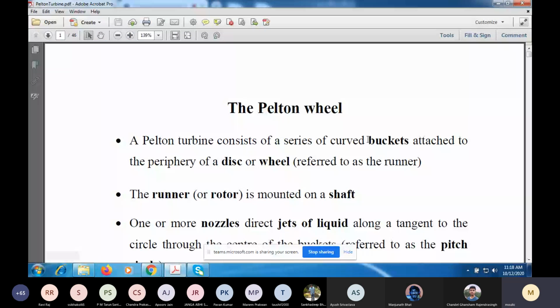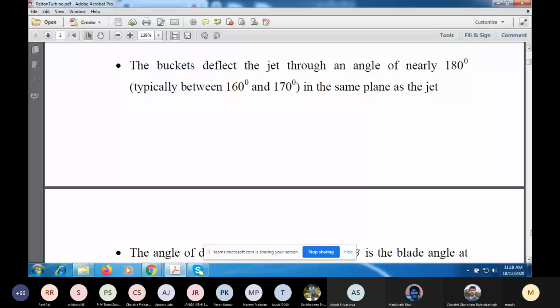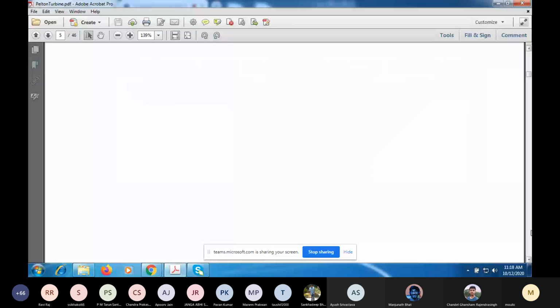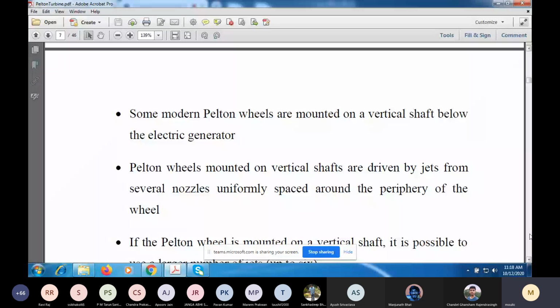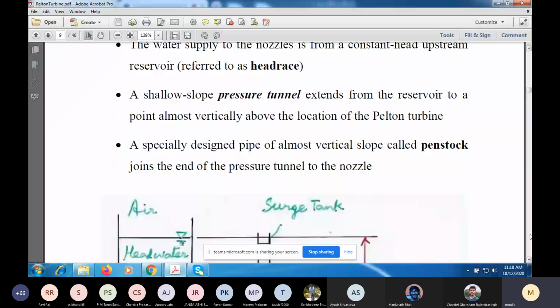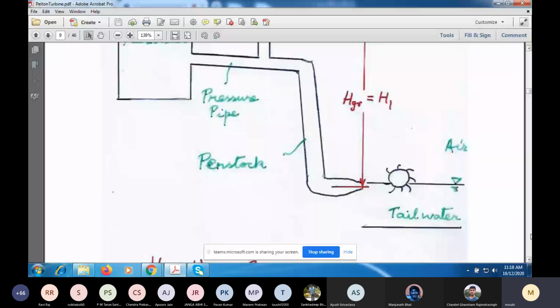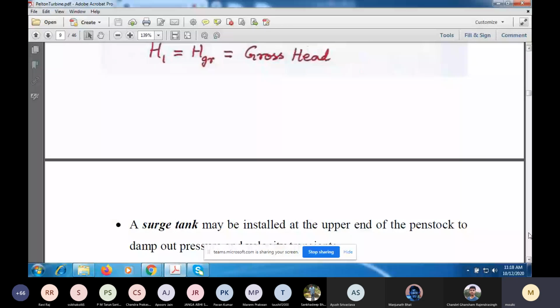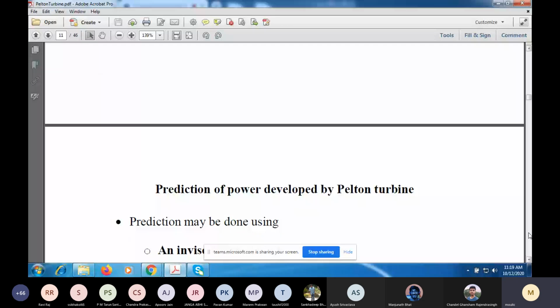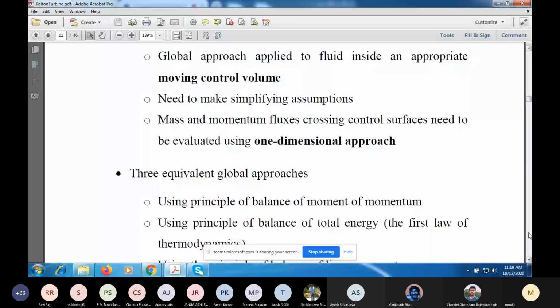Okay, so let us come back to the Pelton wheel. Now this document is becoming very large. So what I'll do is, subsequent material that I'll add, I'll prepare a second file on the Pelton wheel. The size of this file is becoming large because there are many images.